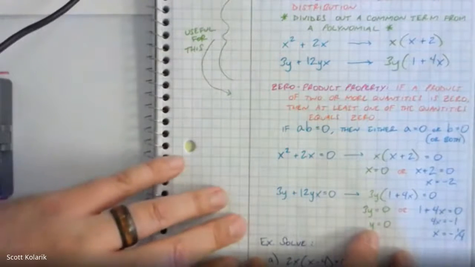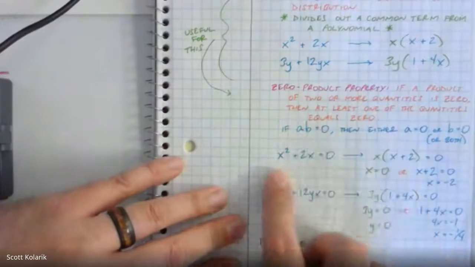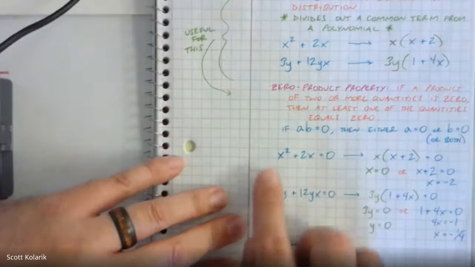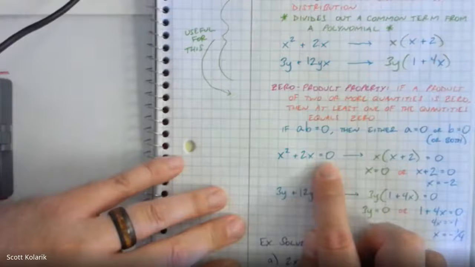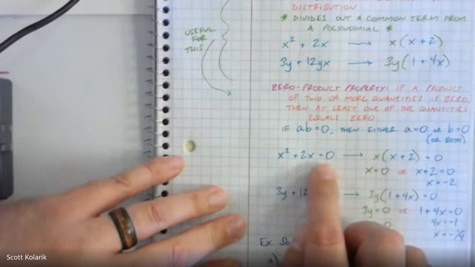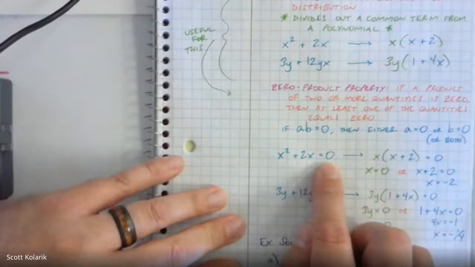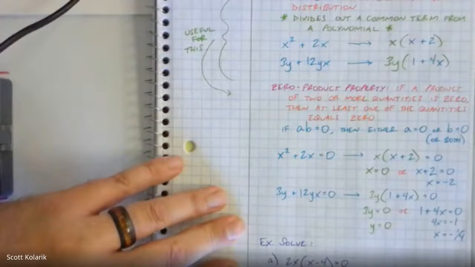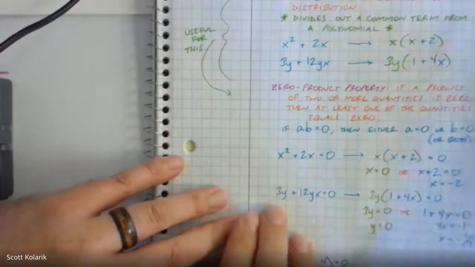So let's apply that to the previous 2 examples that we just did. Why would that matter? So here's kind of the new format that you're going to be seeing in this section. The stuff that's changed here is now I have an equal sign, and in most cases it's going to be set equal to 0. In some cases it won't. We'll talk about what to do in those cases. The spoiler alert is you're going to rearrange it so it's equal to 0. But this is what you're going to be dealing with.